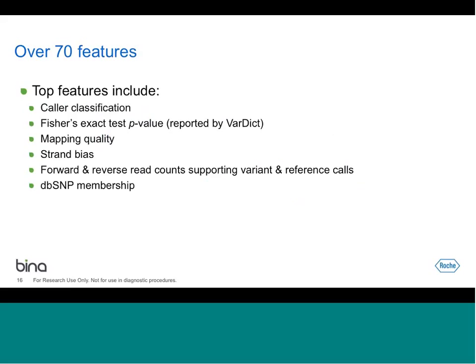In that information there is the quantity of evidence: the more read counts you have, the more evidence you have, but you can also infer strand bias from this information. And prior knowledge such as dbSNP membership: a call in dbSNP is more likely to be a germline positive.